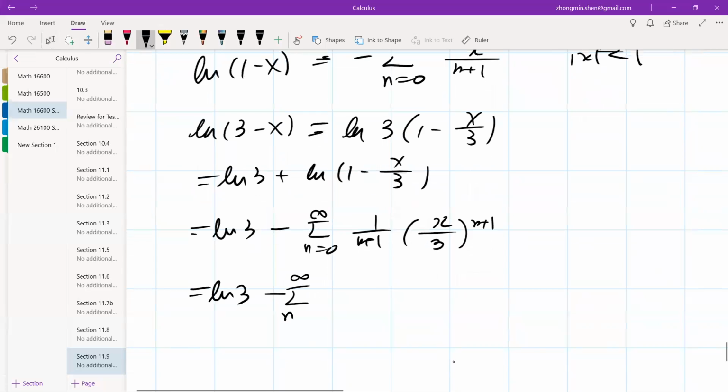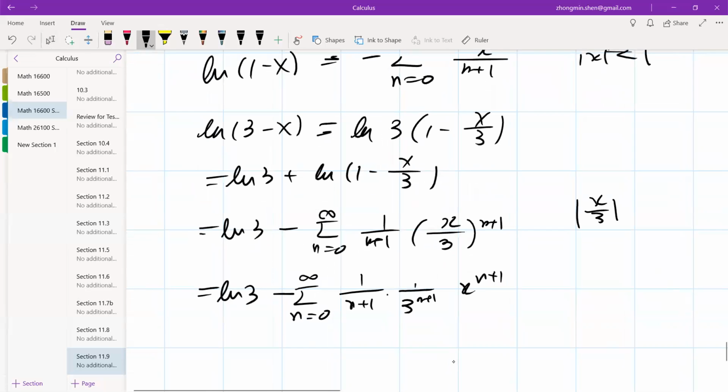Take the constant out, and here just x to the power n plus 1. So this is a power series representation, and I know where it holds: when absolute x over 3 is less than 1. In other words, absolute x is less than 3.